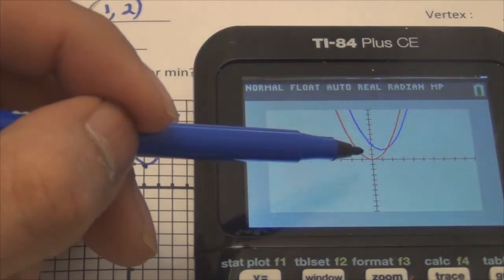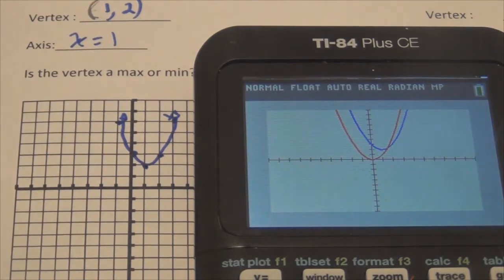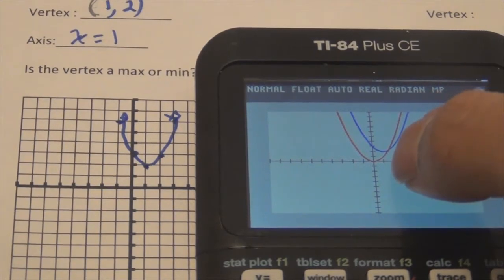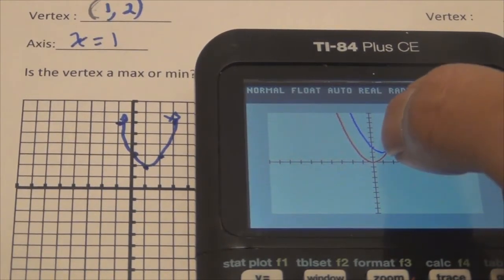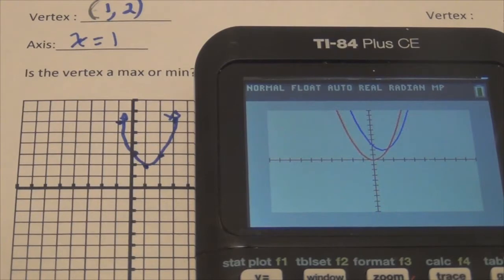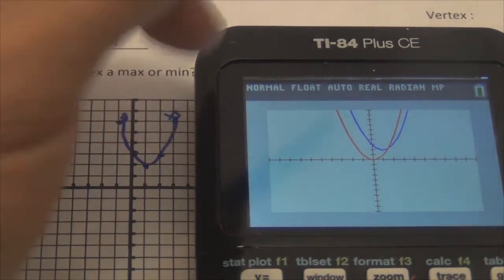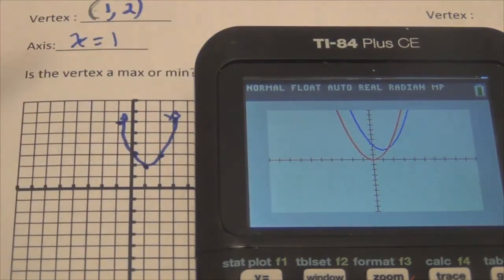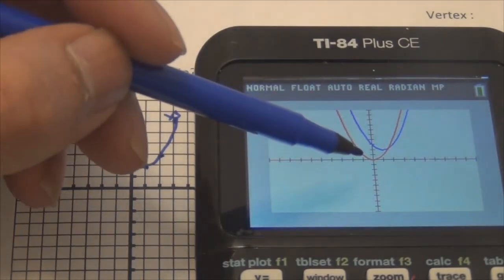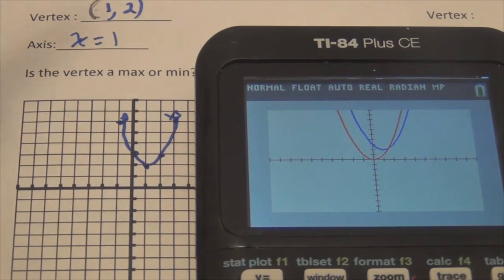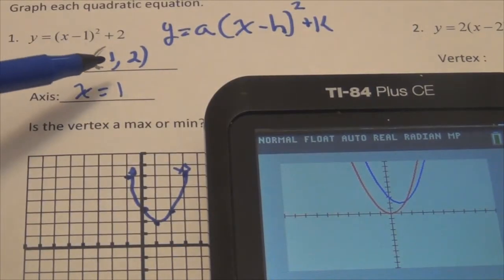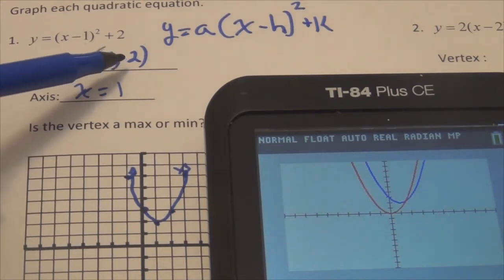The original one got shifted 1 unit to the right and 2 units up. Always use the parent function, the x squared, and see how the other parabolas behave. It got shifted 1 unit to the right, the axis of symmetry tells you that, and 2 units up.